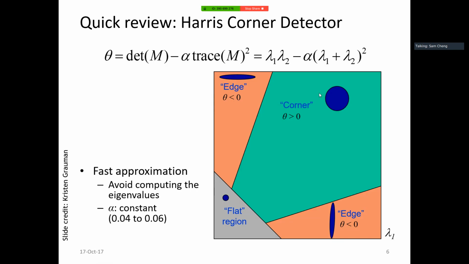And last time, remember that eventually we wanted to speed up the computation, so we just compute this M matrix. The M matrix is something like the gradients in different directions.